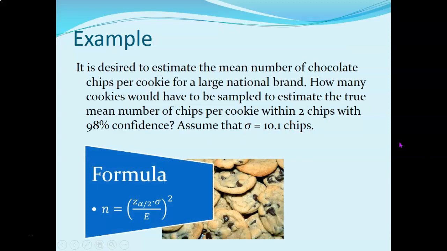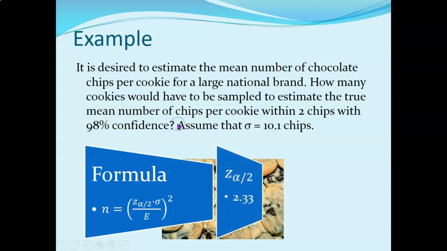So the formula we use, n equals z sub alpha over 2 times sigma over E, squared. That's what we use to find the sample size, how many would have to be sampled to estimate the true mean, mu. Z sub alpha over 2 for a 98% confidence would be 2.33.